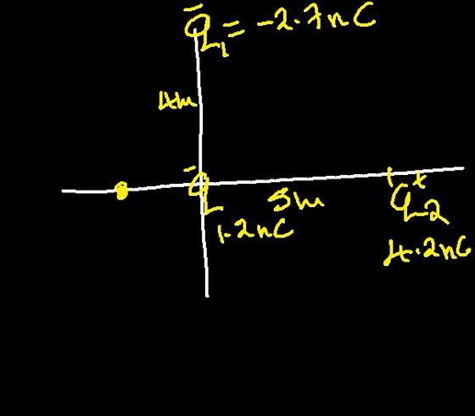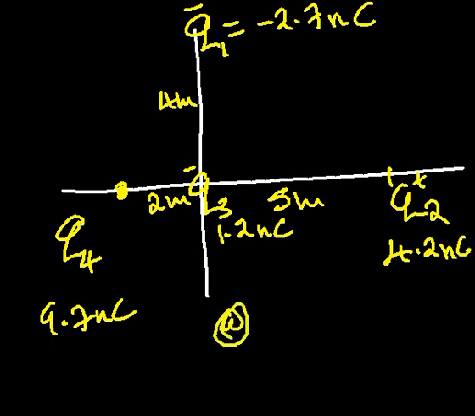Then we have, let's say, a charge, this should be charge 3. We have charge 4, that is 9.7 nanocoulomb. Let's say this is about 2 meters. Now here's the question. Find the net electric field at the point charge which is at the origin.